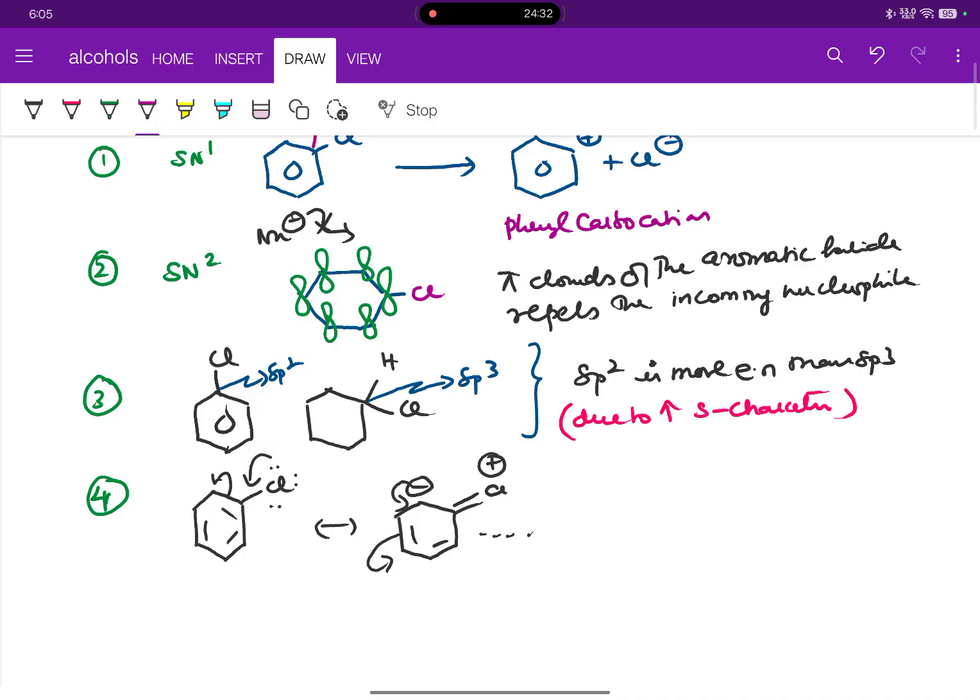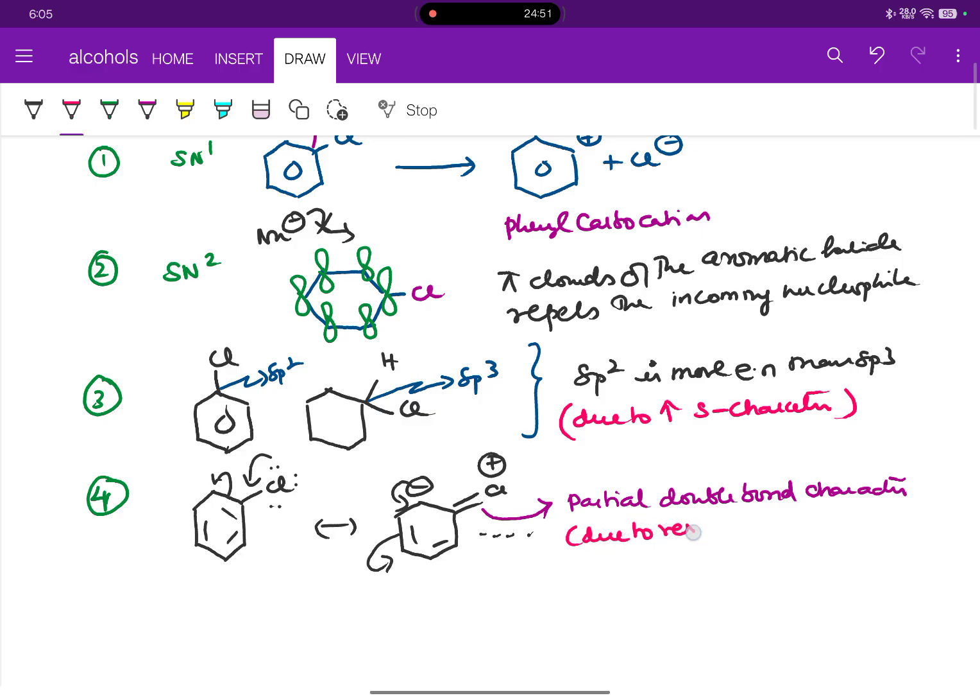Can you see a double bond here? So we call this partial double bond character. Why has this partial double bond character come into the picture?